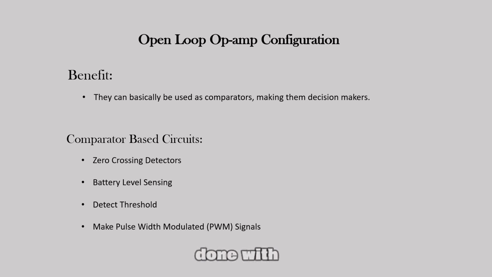So that can be done with the operational amplifier. We have battery level sensing, we have threshold detection. Okay, then we have the pulse width modulated signals. Of course, pulse width modulation can be done with the operational amplifier in the open loop configuration.